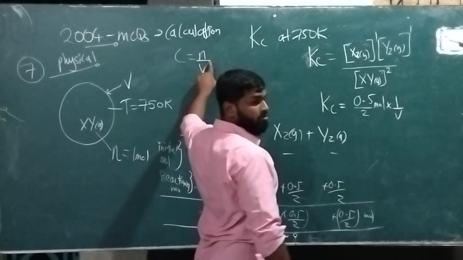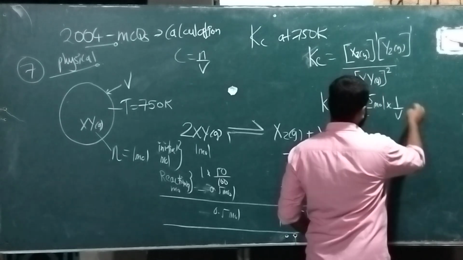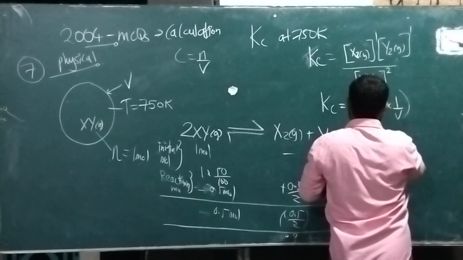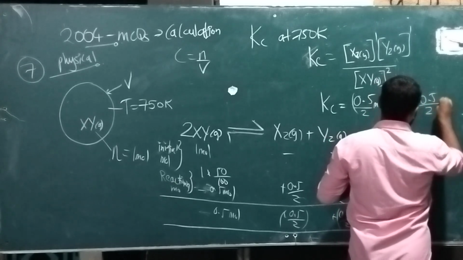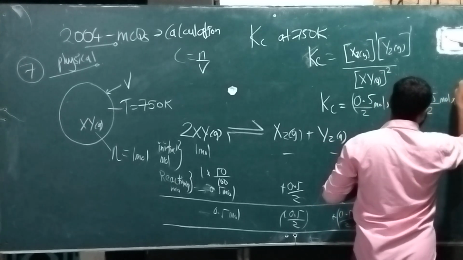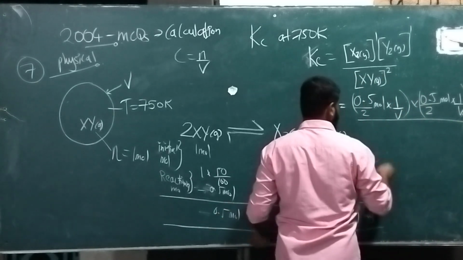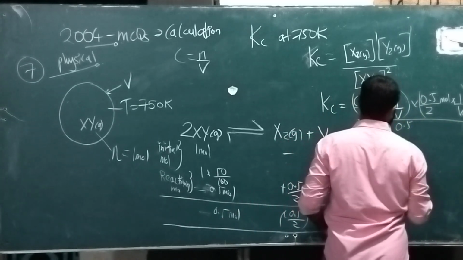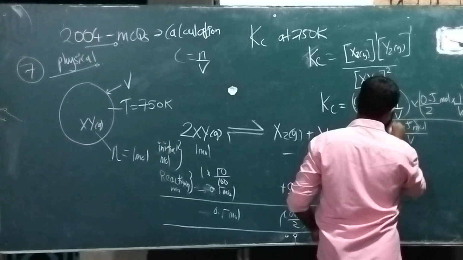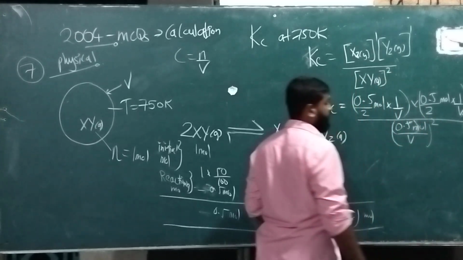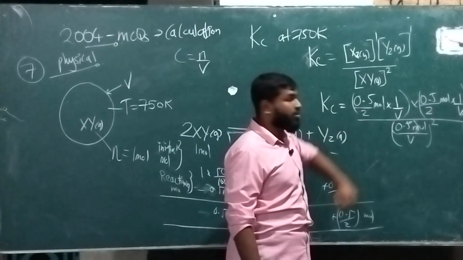You are dividing now, so the reciprocal will be there, so we get 1 over V. Same thing here, 0.5 divided by 2 moles into 1 over V. If you totally divide by this, you are going to get 0.5 whole thing square mole divided by V whole thing square. This 2 will come down.